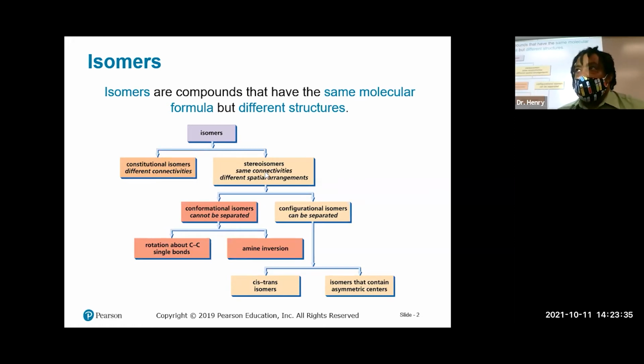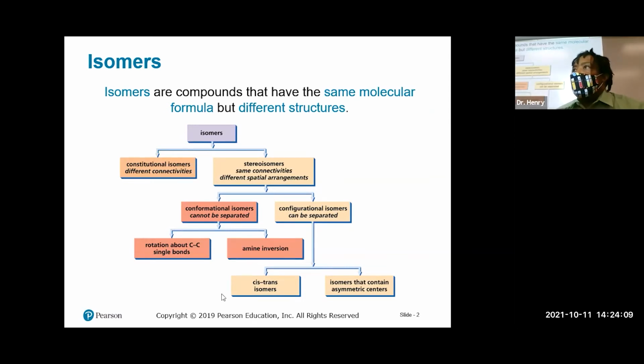Okay, stereoisomers, they have the same connectivity, but they have different spatial arrangement. Then we have what we call conformational isomers. So these guys can't be separated, whereas configurational isomers can be separated. Okay, and we'll go over those and I'll show you examples of that.